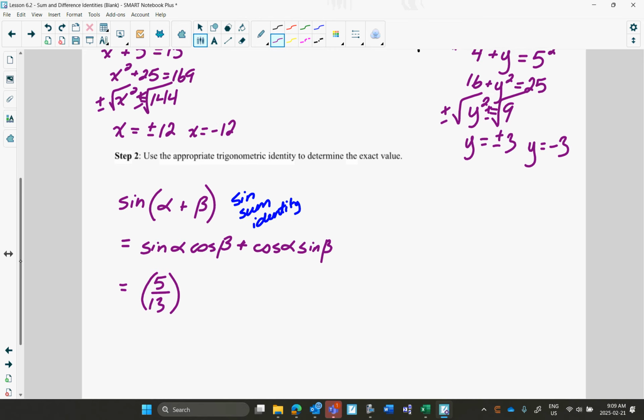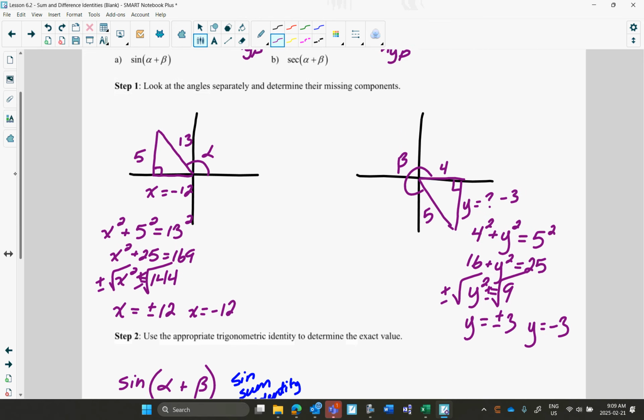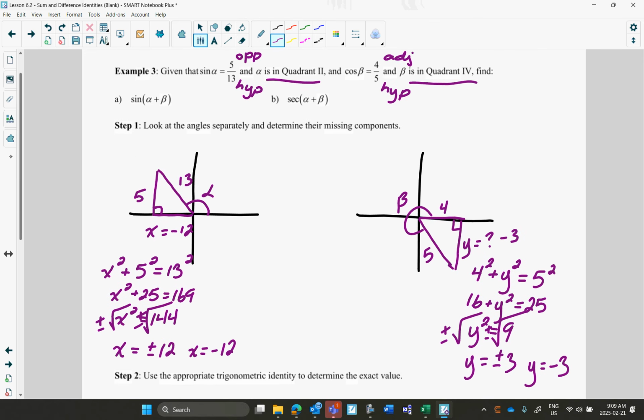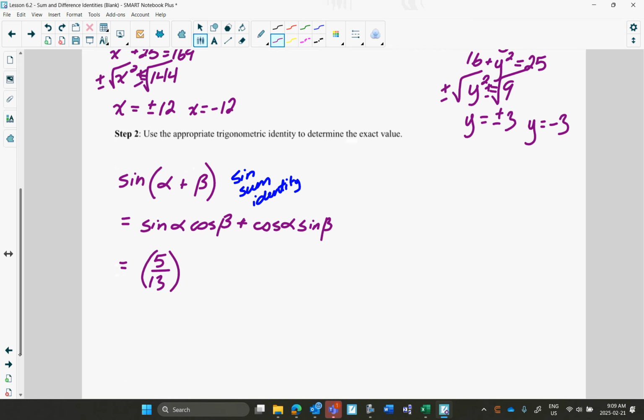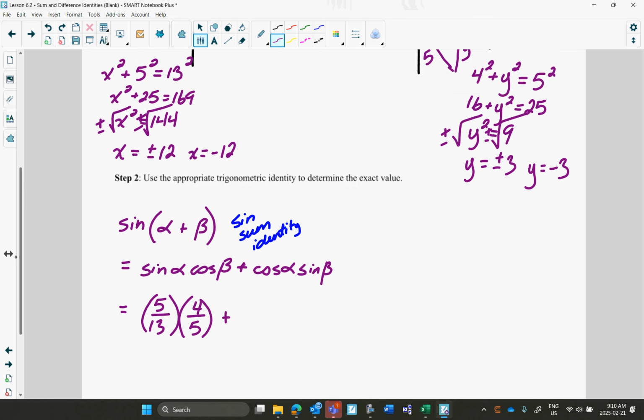Cosine beta. Well, actually, I'm given that in the question. Cosine beta is 4/5. And we can see cosine beta is adjacent over hypotenuse, 4/5. Plus cosine alpha. So I'm going to go back to my alpha triangle.